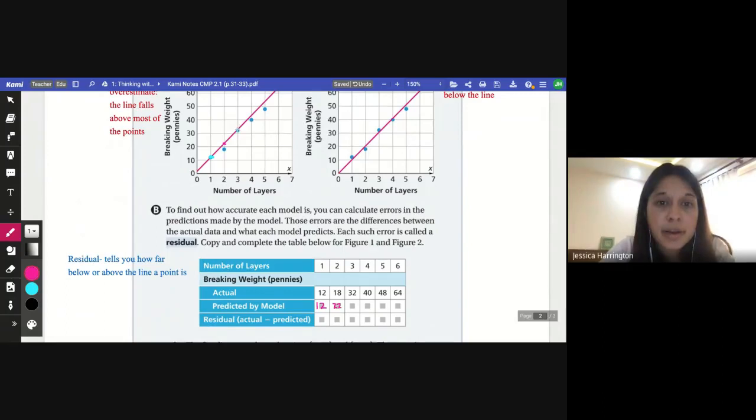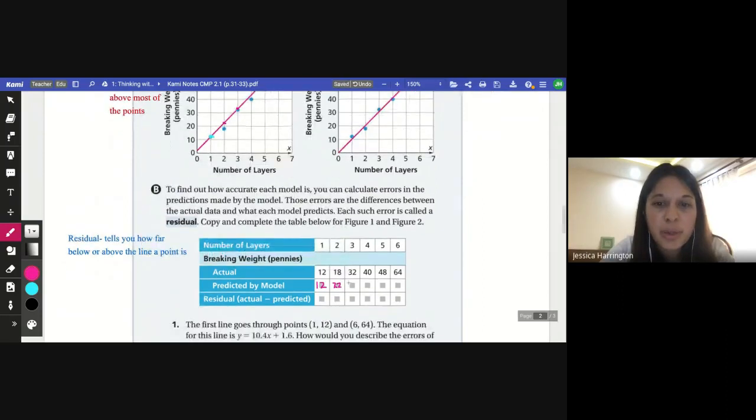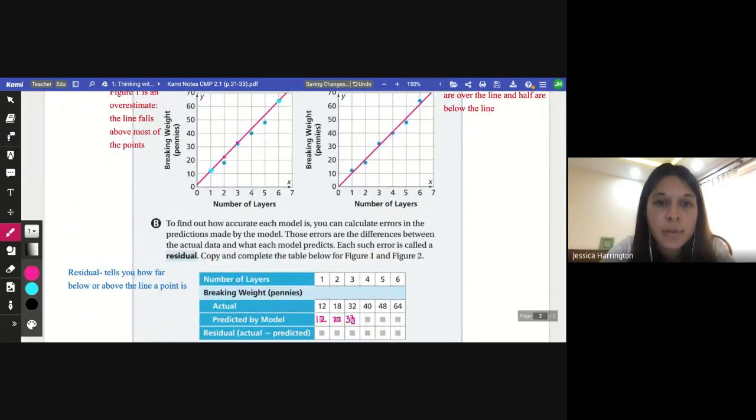At 3, the line predicts pretty close to where it's at, right? It's like right here. So it was 32. It's a little bit higher. I'd say 33. When there's 4 layers, the line predicts that it would hold about, if I come over here, I would say 43. I'm just estimating. If your answers are off by 1, it's not a big deal, right?